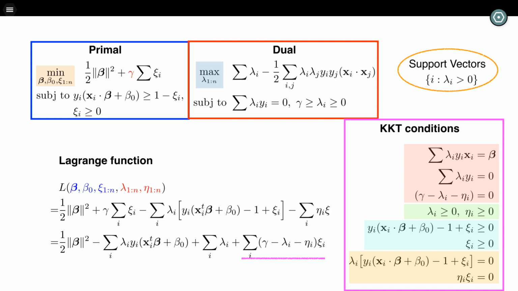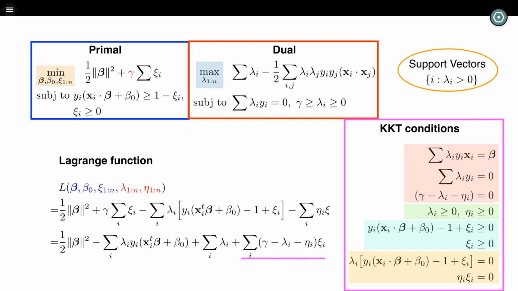And how many constraints do we have? We have 2n constraints. So we have 2n Lagrange multipliers, lambda 1 to lambda n, and eta 1 to eta n. Now, bear with me because eventually it's actually very easy. So here is my Lagrangian.